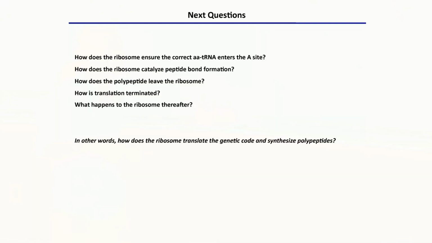So moving into elongation, what do we need to think about here? So we need to think about delivery of the aminoacyl-tRNAs. How does the ribosome ensure that the correct aminoacyl-tRNA is delivered? So we have the correct amino acid onto the tRNA, but we also have to get the correct amino acid to the ribosome.